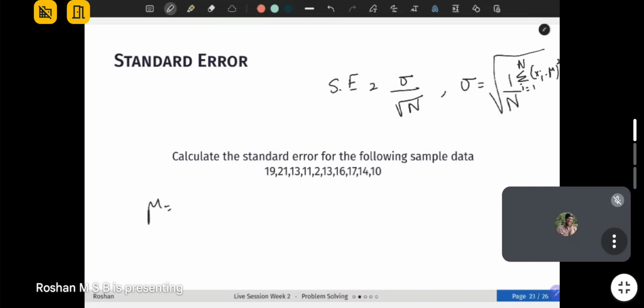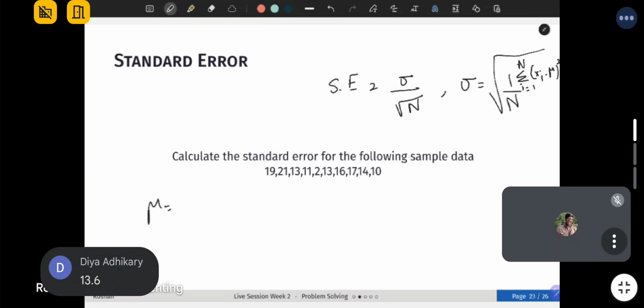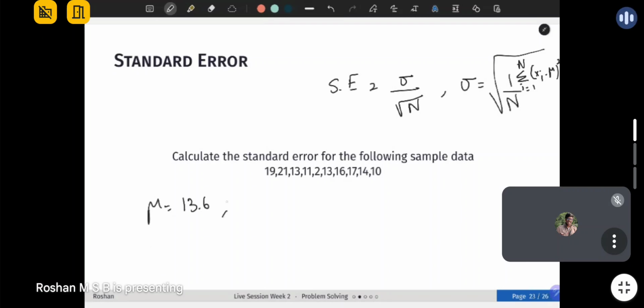Mean is 13.6. Okay. Then what is sigma? Sigma is 5.33.